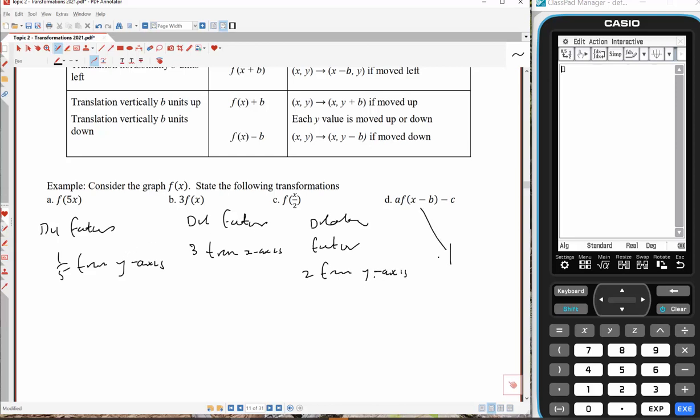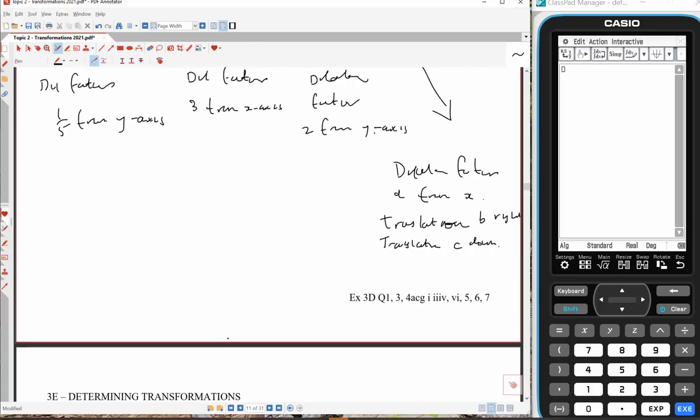This one here is a dilation factor a from x. It's a translation B right, and a translation C down. Okay, so the questions were 3D, those ones there.